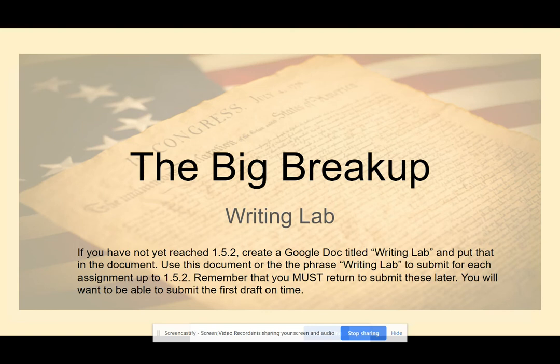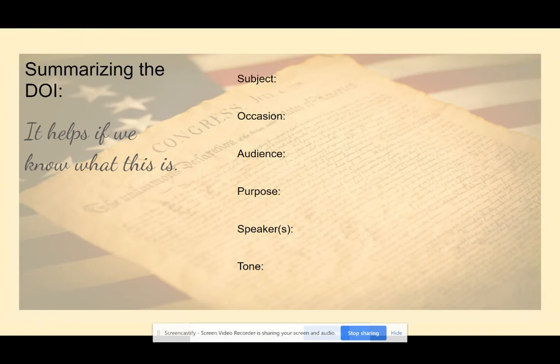But remember that you are responsible for coming back and actually doing those assignments. We just want to make sure that you can turn in the essay on time, so make sure you can get to that, and that way you can move forward.